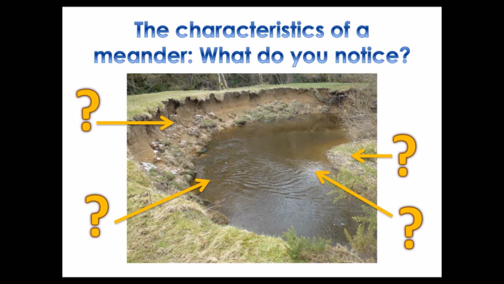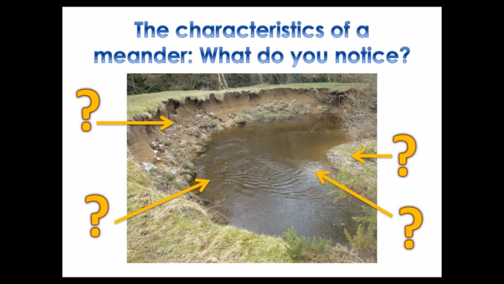Thinking about that in terms of differences in energy of the river from left to right, or outside bend to inside bend, that's going to play quite a big part in how this meander moves and changes. On the left hand side, you can see that there has been erosion. Can you see how we've got green sections of grass that look to have recently fallen into the river itself?